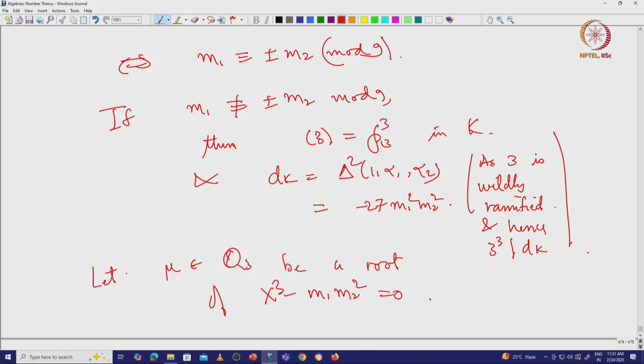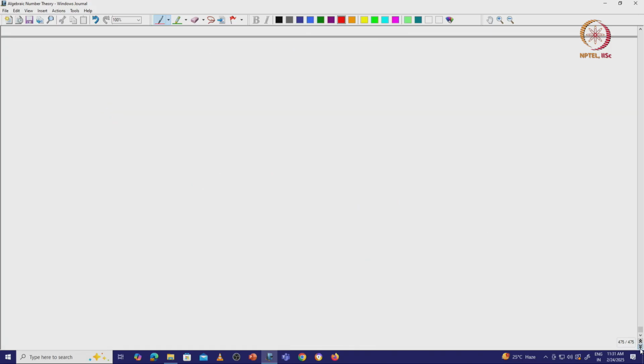We can write this as follows: alpha 1 minus mu times alpha 1 squared plus mu alpha 1 plus mu squared equals 0 in Q3. What is alpha 1 squared? We computed this earlier.